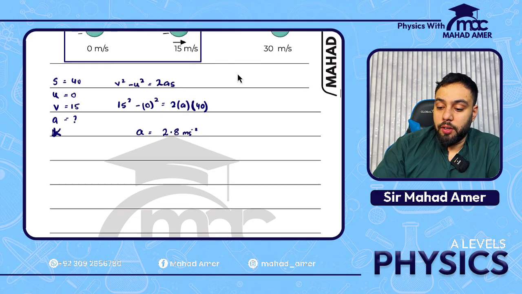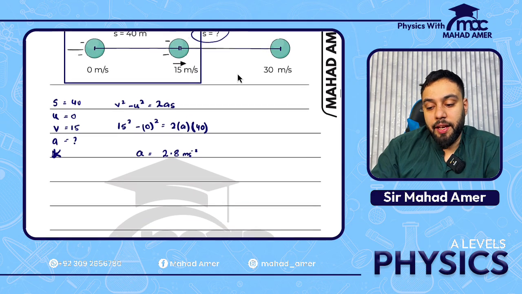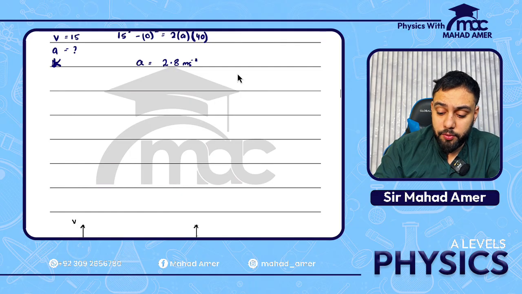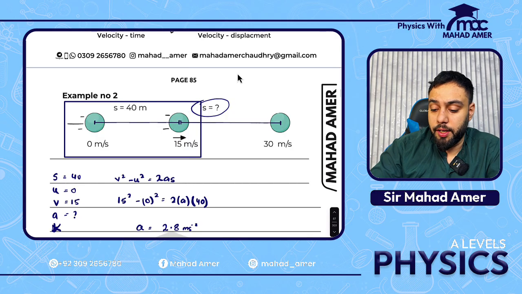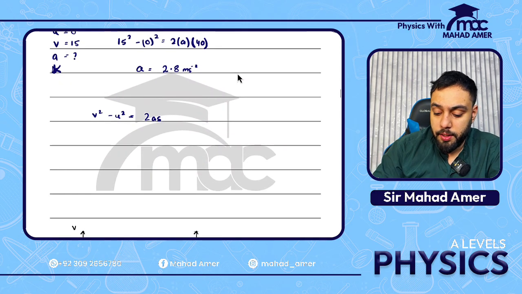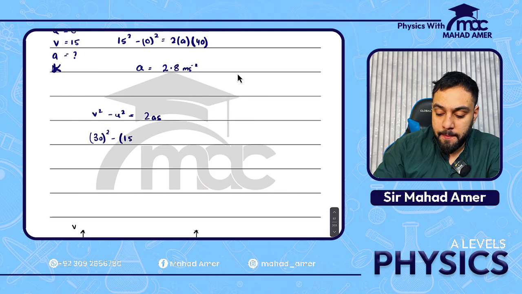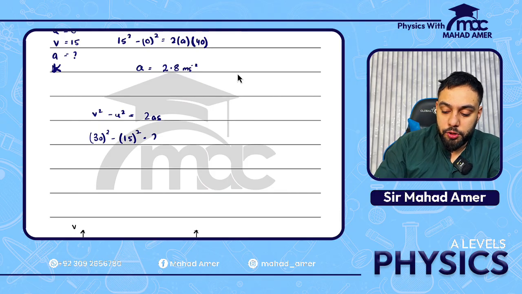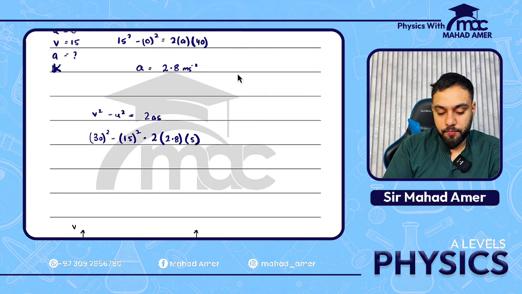Yes. All right. So since I've got the acceleration, I can use SUVAT again to find the displacement. V square minus U square equals 2AS. For the second part of the journey, you will realize that final velocity is 30. So 30 squared minus initial velocity 15 squared equals 2 times the acceleration I just calculated, and now I need the displacement.